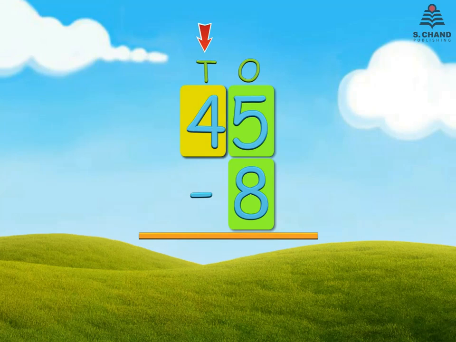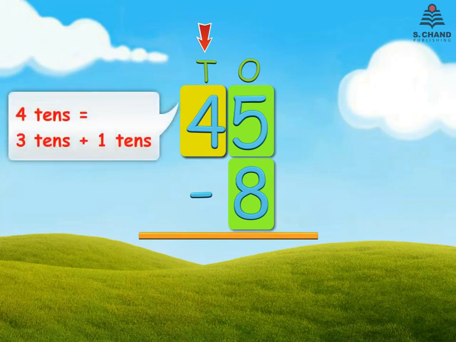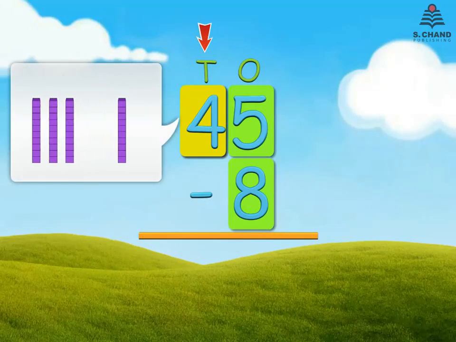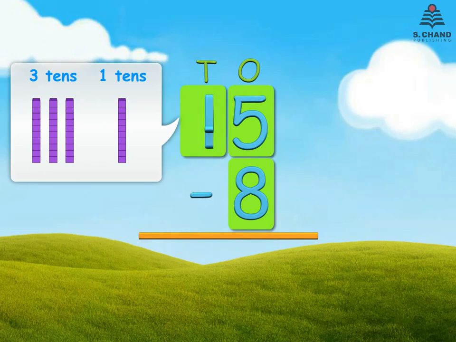In the tens column there is 4, which equals 3 plus 1. Let's replace 4 with the 3 and 1. Now we are ready to borrow.